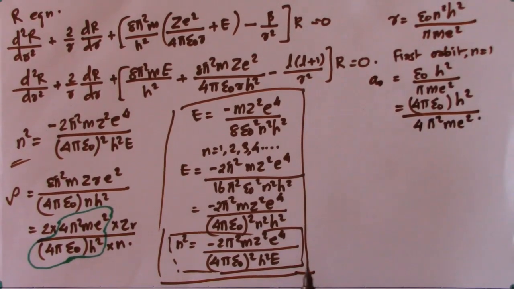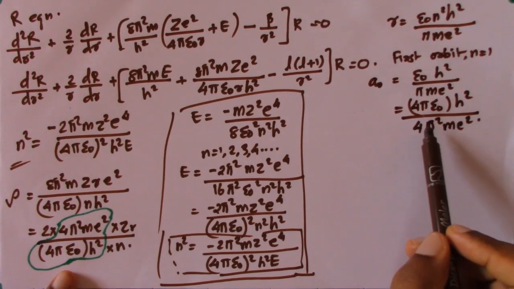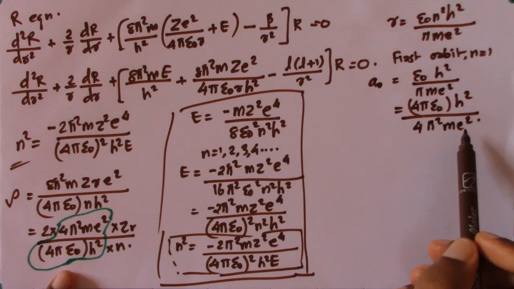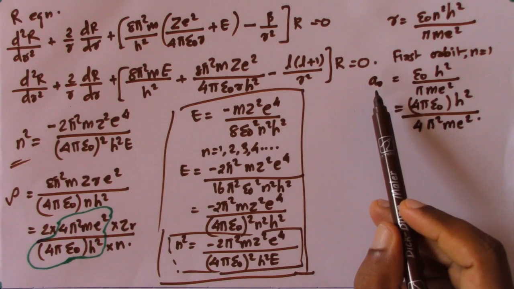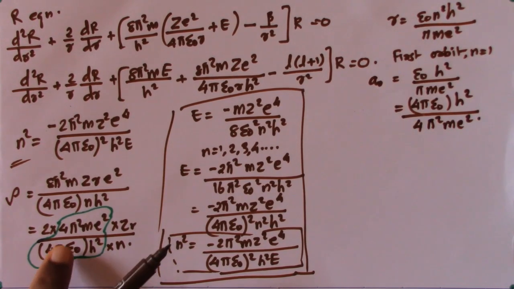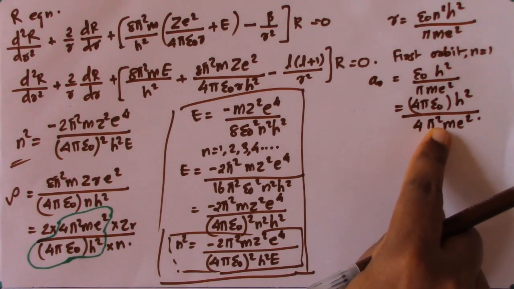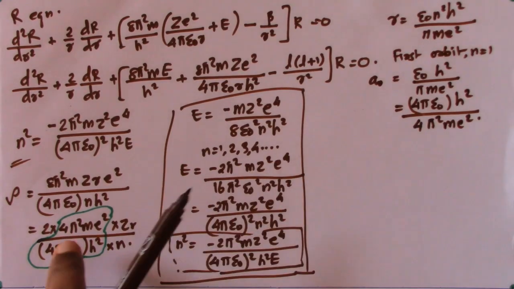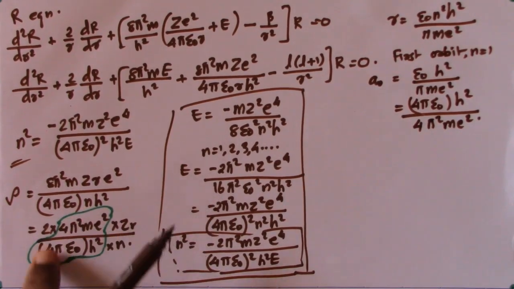So 4 pi epsilon 0 h square divided by 4 pi square m e square is equal to a0, the radius of the first Bohr orbit. The reciprocal of this is 4 pi square m e square divided by 4 pi epsilon 0 h square, which is 1 by a0, so I can substitute 1 by a0 instead of this.